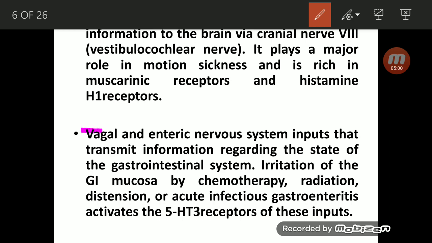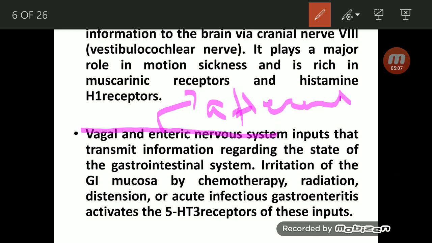The fourth one is through your vagal and enteric nervous system. Normally these are your efferent neurons, which transfer an impulse from your gastrointestinal tract.